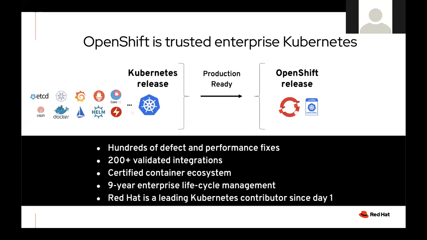So what Red Hat is doing is taking the life cycle of the Kubernetes project and adding to it 20 additional projects, each with its own life cycle, and integrating it with the Linux operating system life cycle, and bringing you all of these in one single product that is enterprise grade, production ready, with over 200 validated integrations, with 9 years of enterprise lifecycle management, with a certified container ecosystem, with compliance, and with the full support that you expect from Red Hat.